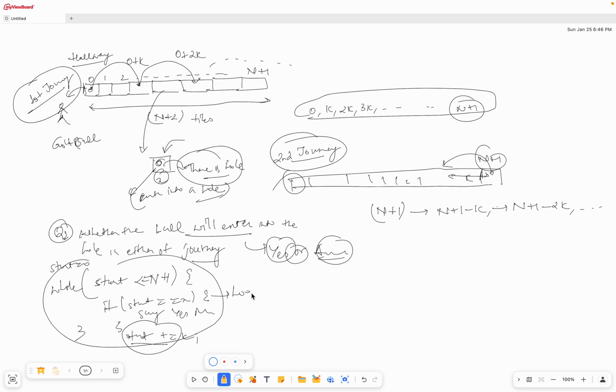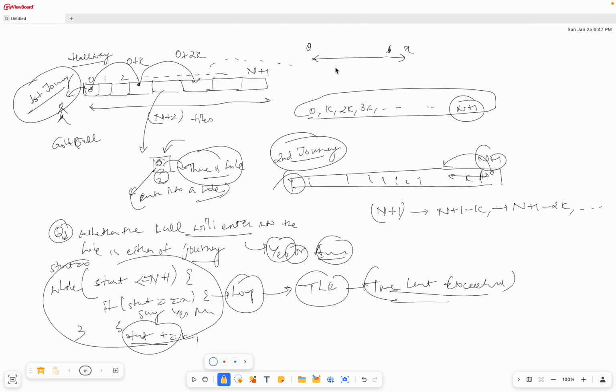If you use the loop here, it will give time limit exceeded. So instead, we can measure the difference between 0 and tile x, which is x only, and see whether it is divisible by k or not.